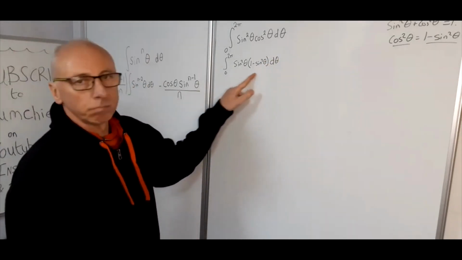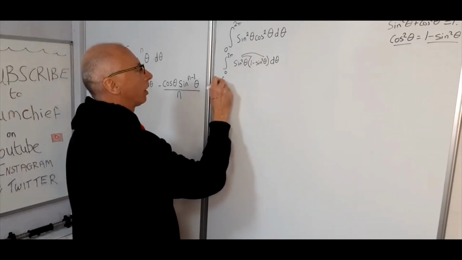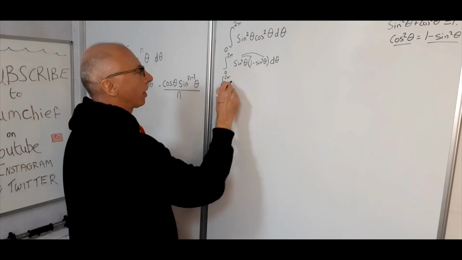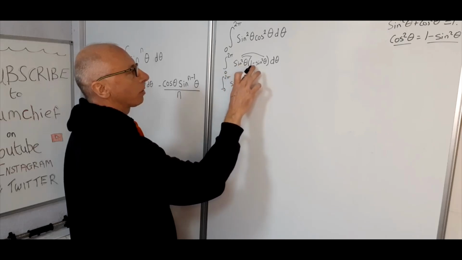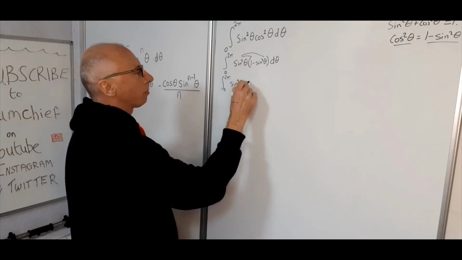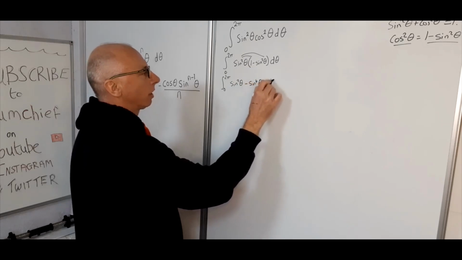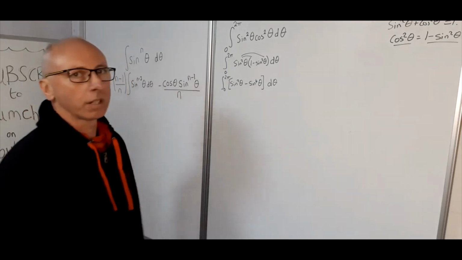Now just multiply out the brackets, just FOIL that across, and then we go from 0 to 2 pi sine squared theta, and then sine squared times minus sine squared gives us minus sine to the 4 theta, and that's all one term within the integral.